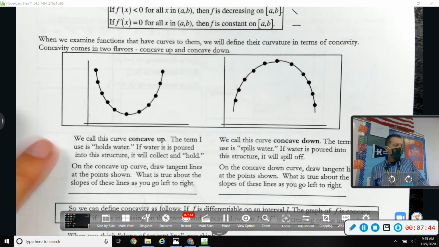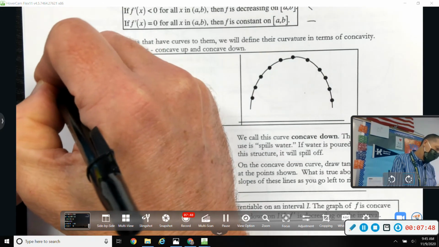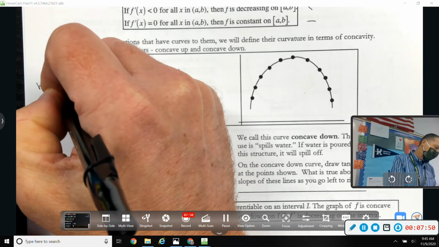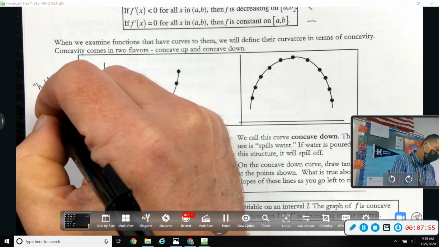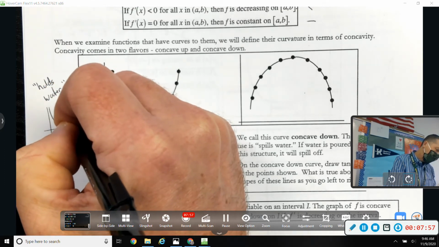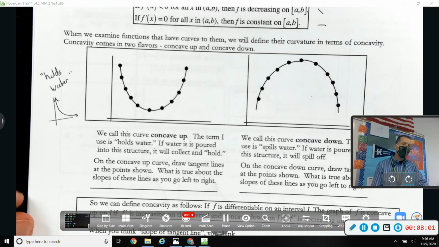The one problem with "holds water", and the author of this worksheet knows that, that's why he puts it in parentheses, is that, let's say you had something that looked like that. Is that concave up or concave down? Concave up. Will it hold water?